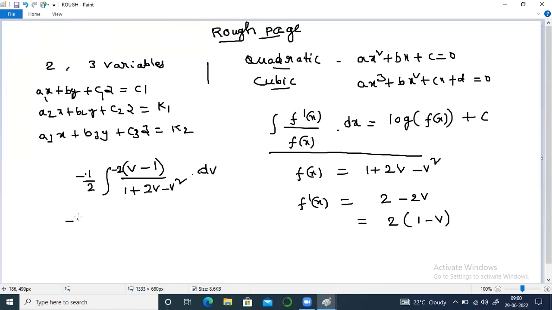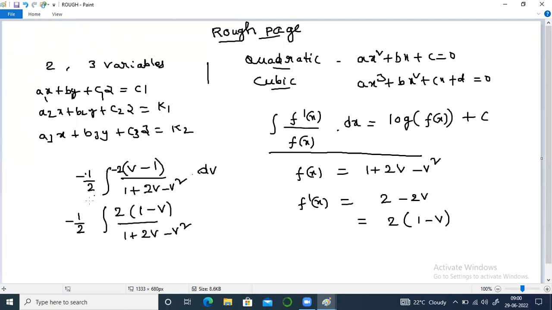So now, minus 1 over 2 into the integration of 2 into, taking the minus inside, it becomes 1 minus v, by 1 plus 2v minus v square.